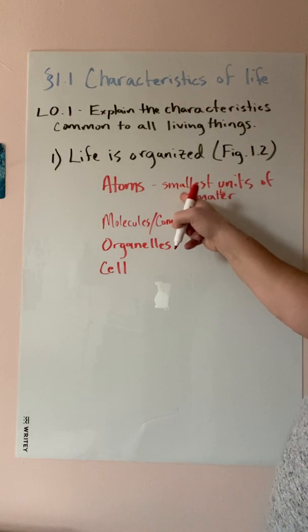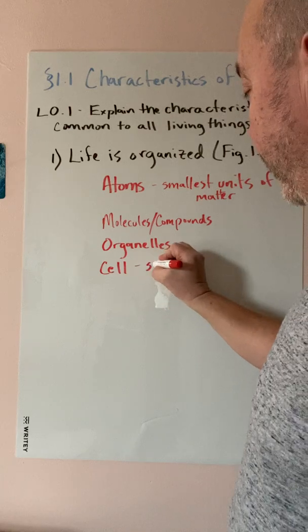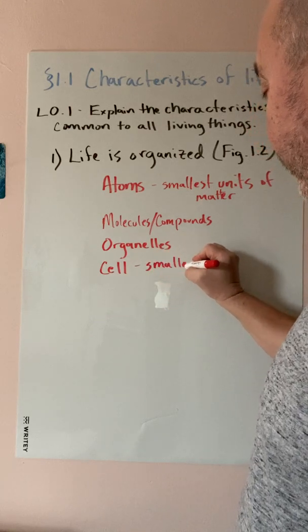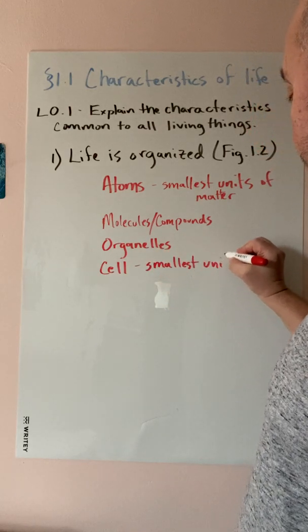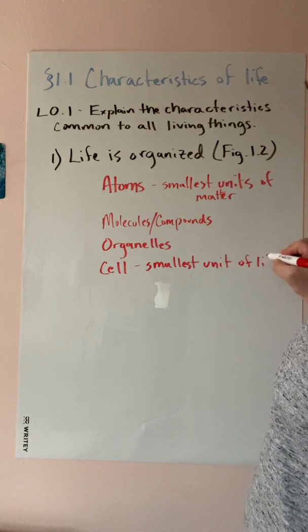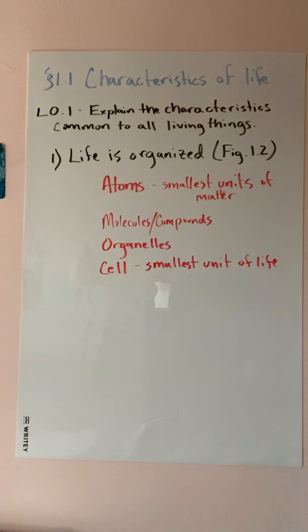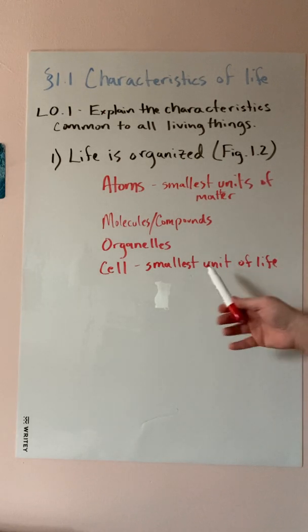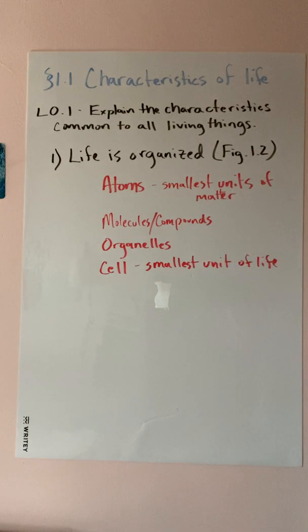So this is the smallest units of matter. This is the smallest unit of life. So I can tell you right now, you'll say I'm asking you a tricky question, but I will ask you probably a multiple choice question, and it'll either have this definition or this definition. Atoms are the smallest units of matter.